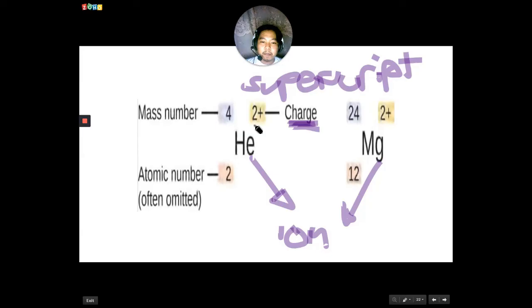And since positive yung charge niya, this is what we call now a cation. Kapag cat, positive. So, to name this one, this becomes a helium cation. This one becomes a magnesium cation. Hopefully, that makes sense. Now, saan nanggagaling si positive 2 na charge nila?